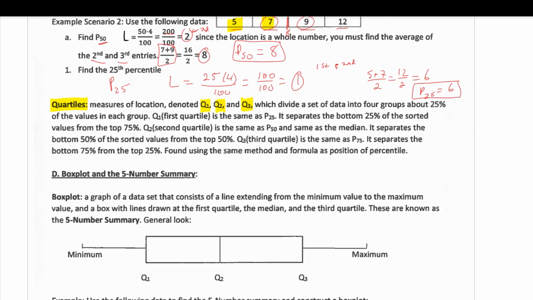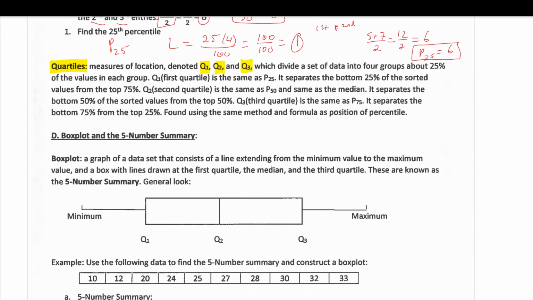All right, now oftentimes we want to be able to represent an entire data set with some sort of picture. Now if you have a really large data set, you can't really account for all the data values in that picture. So what we do is come up with something called a 5-number summary that gives you an idea of what your data set looks like.